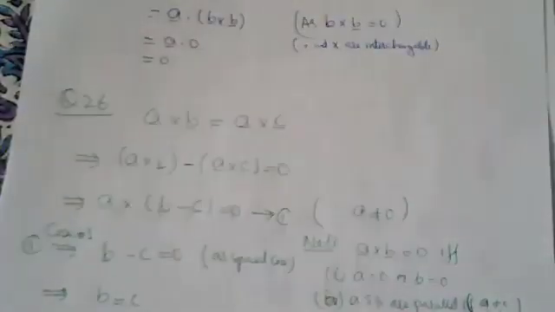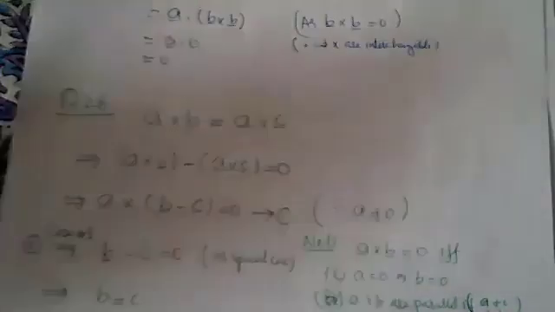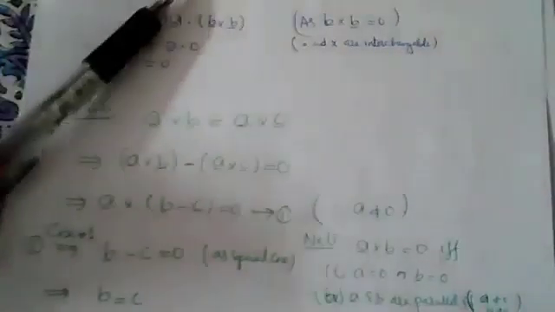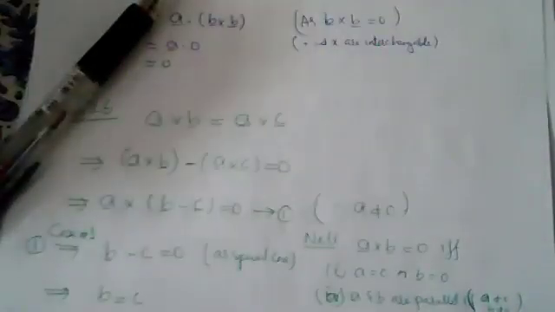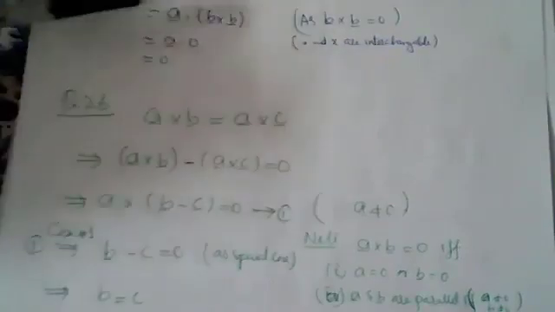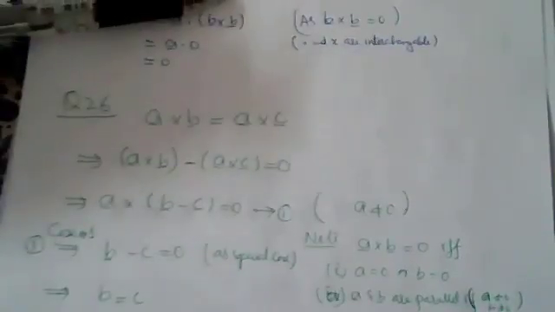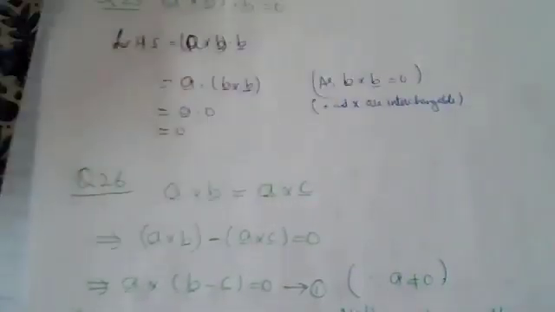Question 25, just solve by using properties. What is question 25? The question statement is A cross B dot B is equal to 0 for all A, and we show that this is 0. So you can prove it by taking components, A is equal to A1, B1, B2. Find A cross B, then take dot with C. First find A cross B, then take dot with C, and we get 0.